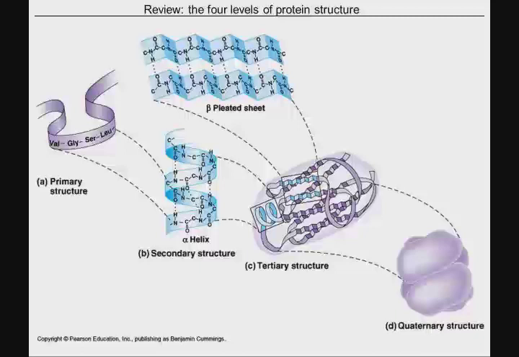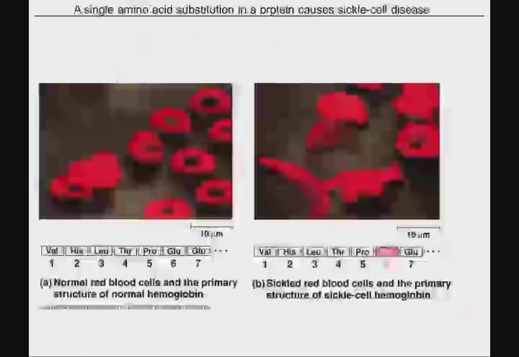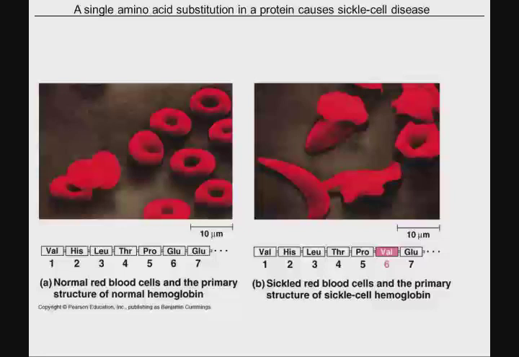Now, to talk a little bit more about form and function, let's take an example of how altering the primary structure of a protein can affect all the subsequent levels. So in this case, and we'll come back to this slide again later when we talk about genetics, this is a single amino acid substitution in a protein, hemoglobin, that causes sickle cell disease or sickle cell syndrome.